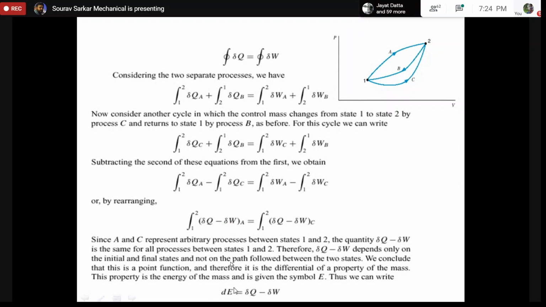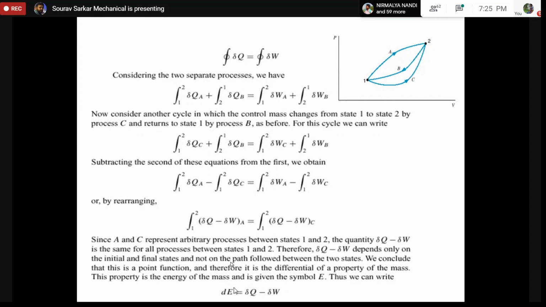So what is the meaning of that? The left part is basically an exact differential and the right part is basically an inexact differential. But the difference of these two inexact differentials is giving you an exact differential. Mathematically it is also very interesting that one is an imperfect or inexact differential, another one is also inexact, but whenever you subtract these two, it becomes an exact differential.